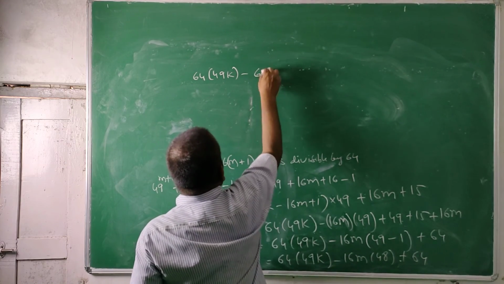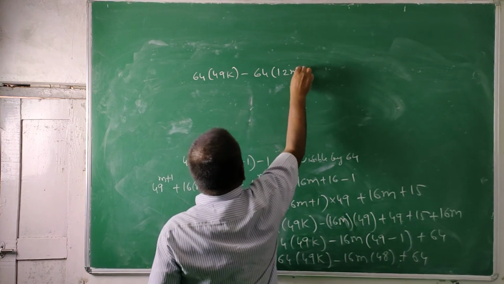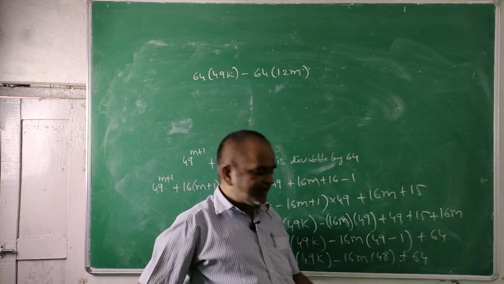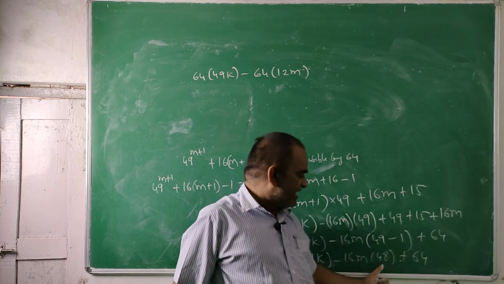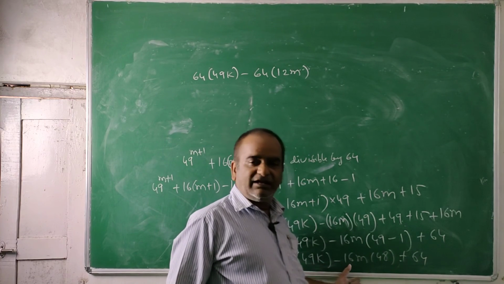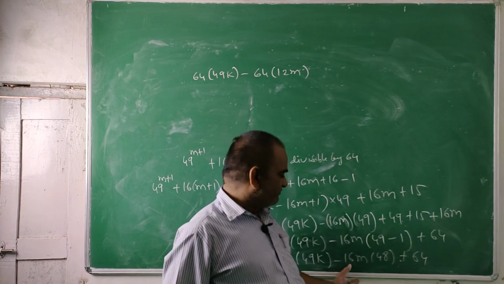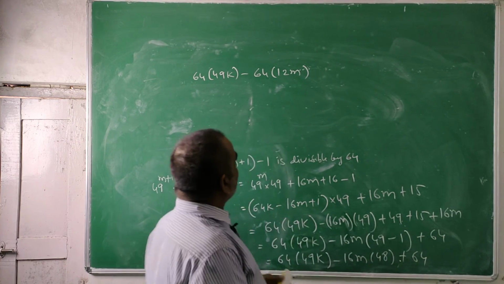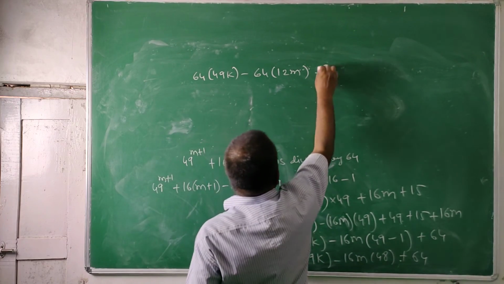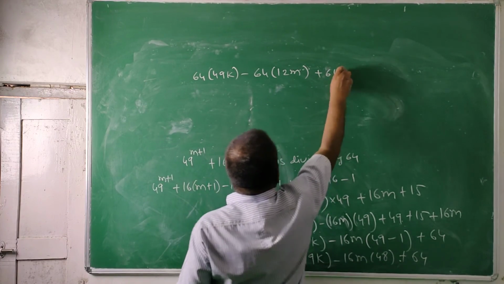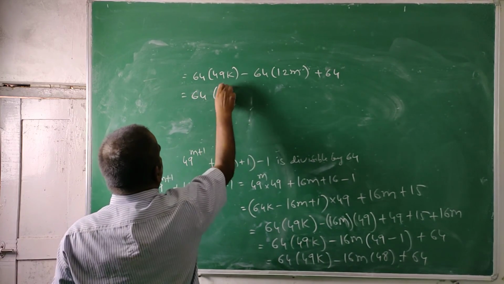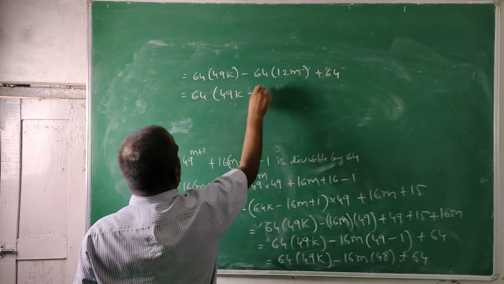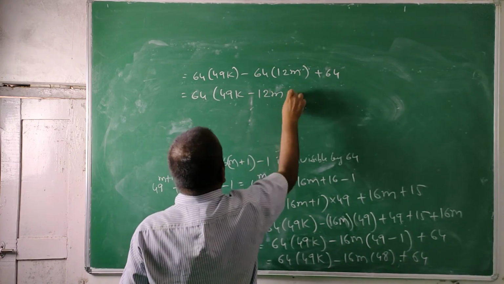So 64 into 12m. It is very simple, don't get confused. I wrote 48 as 12 fours are 48. And that 4 when multiplied with 16, you get 64. So 64 into 12m plus 64. Now on the whole, you take 64 common, then you get 49k minus 12m plus 1.